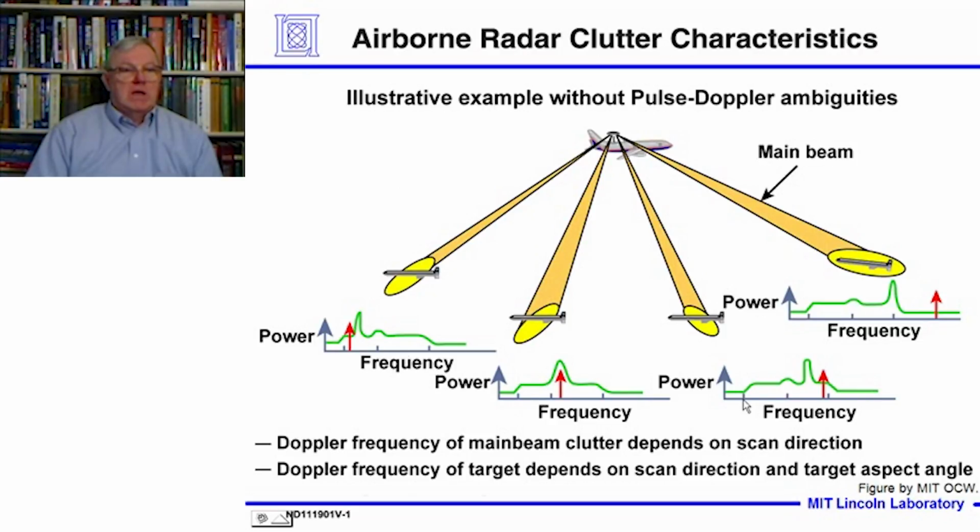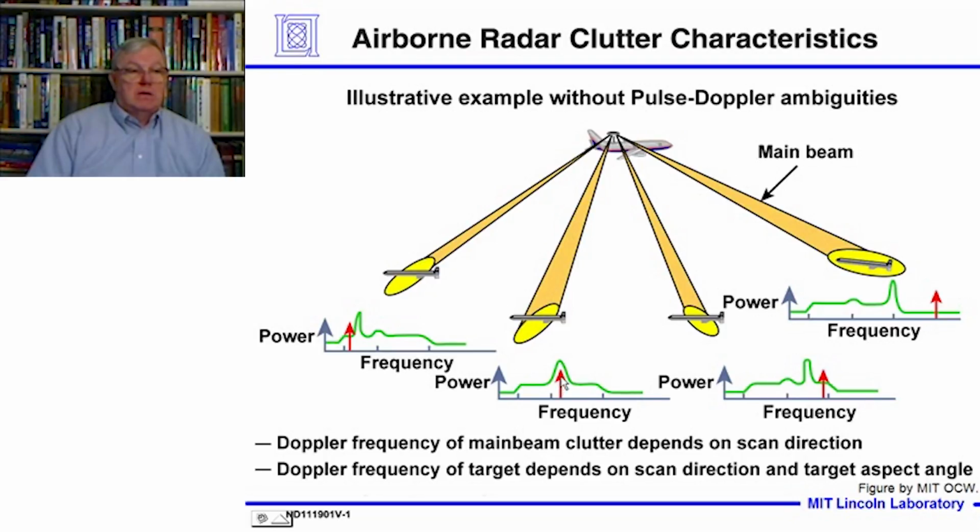And these different graphs show you the relative Doppler of the target, right here with this arrow, when the plane is moving forward, and then that Doppler moves over when the plane is here. Then when it's sideways, the Doppler is 0 because in this case it looks like a missile. It's moving tangentially to the radar, but also the clutter is moving tangentially.